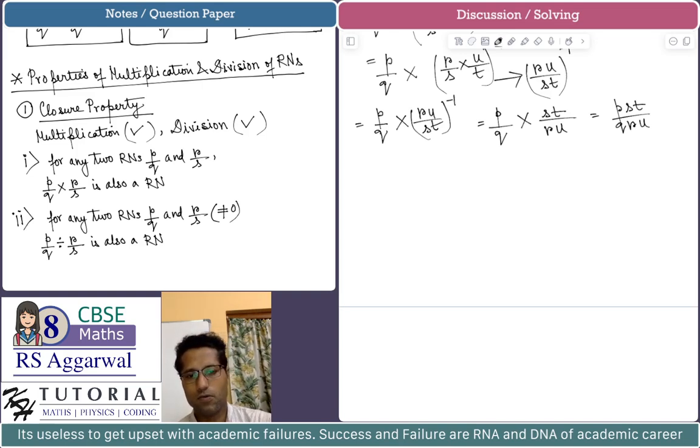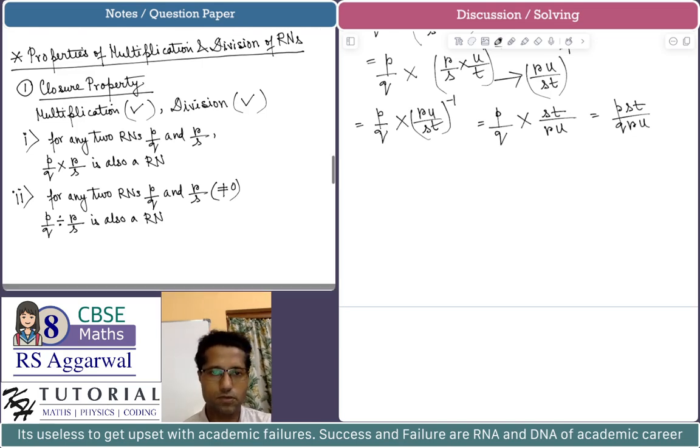So if p by q and r by s are rational numbers and r by s is not equal to 0, then definitely p by q divided by r by s is also a rational number. So division and multiplication obey the closure property. But for division, you need to be careful that the divisor, r by s, is not equal to 0. So this is closure property.